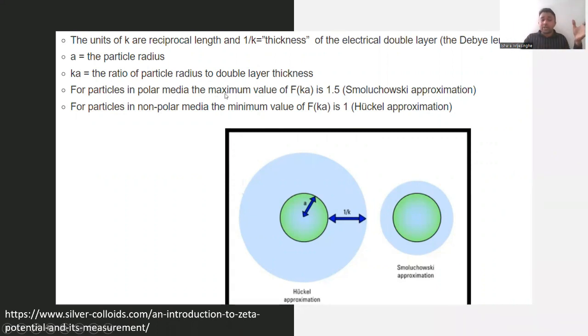In polar media, the maximum value of this function can be 1.5, meaning the thickness of the double layer is less in polar media. In non-polar media, the thickness of the double layer is high, so this Henry's function can be 1.